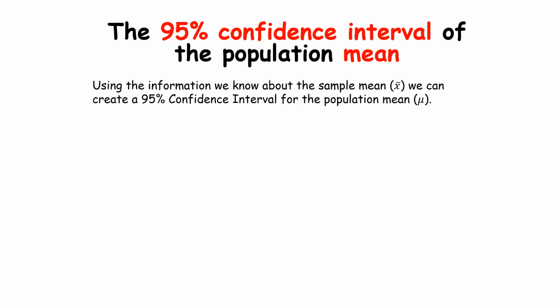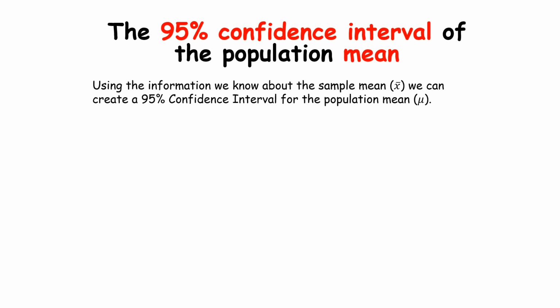Using the information we know about the sample mean, x bar, we can create a 95% confidence interval for the population mean, mu. So let's think about what that means. I'm going to create an interval, so 2 numbers, where I am 95% confident that my population mean sits between them, or the probability of my population mean sitting between these two values is 95%.